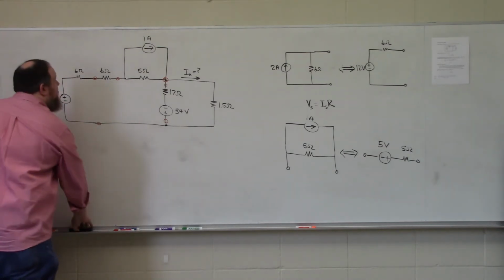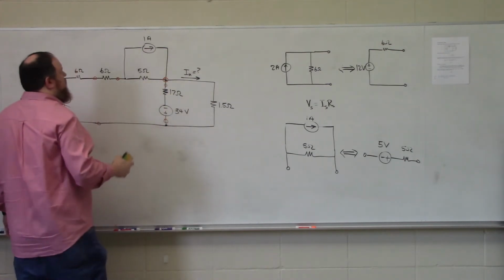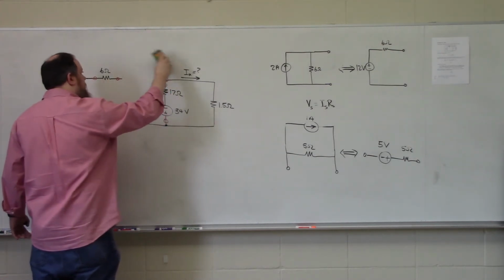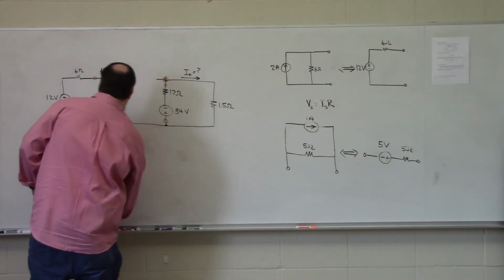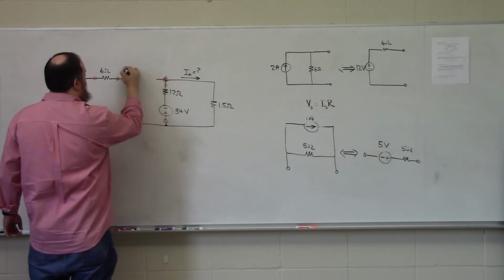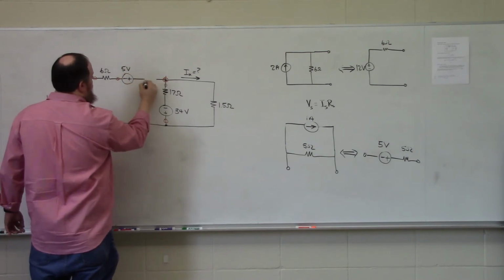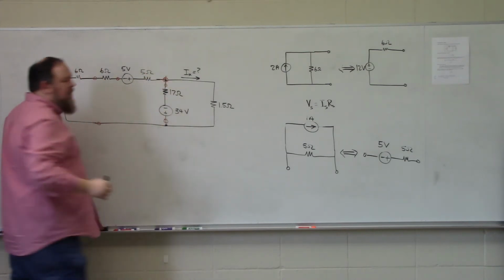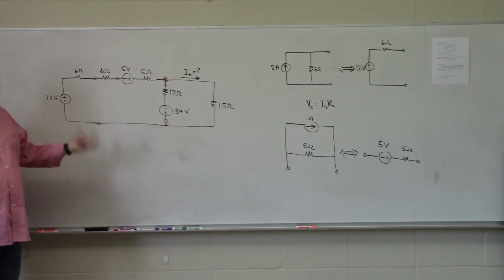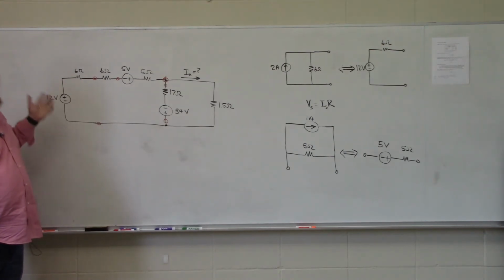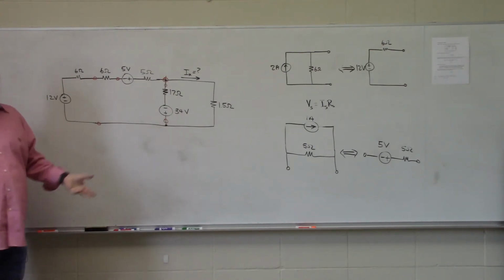And I'm going to disconnect this practical source and replace it with its electrical equivalent. Notice that in 2 very simple changes, I have gone from having 4 meshes to 2.